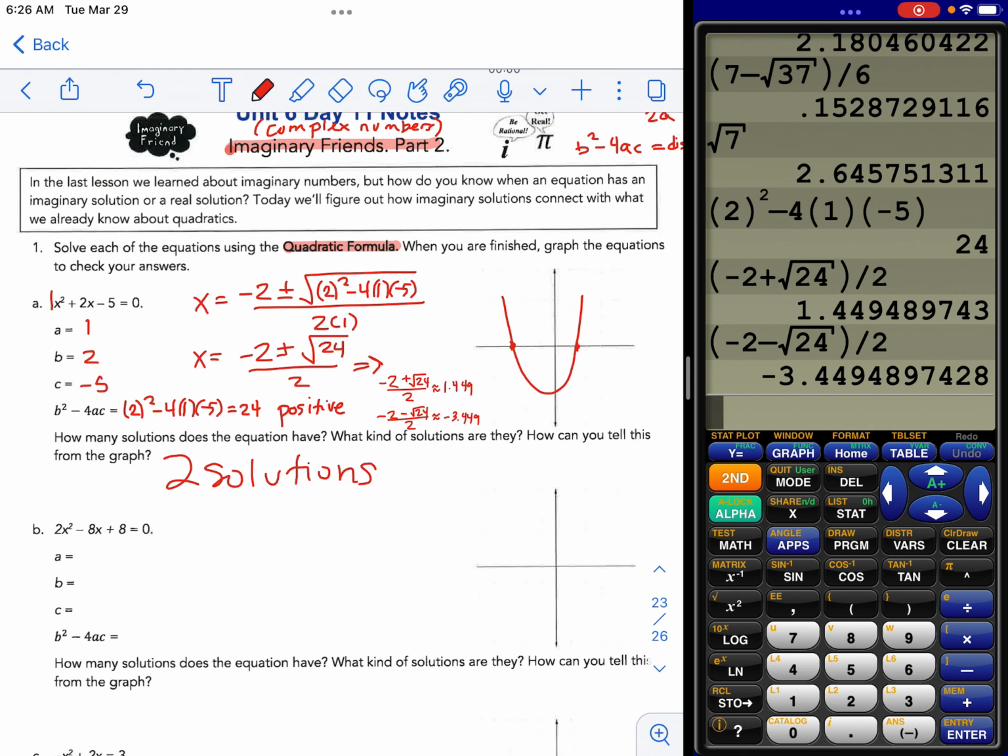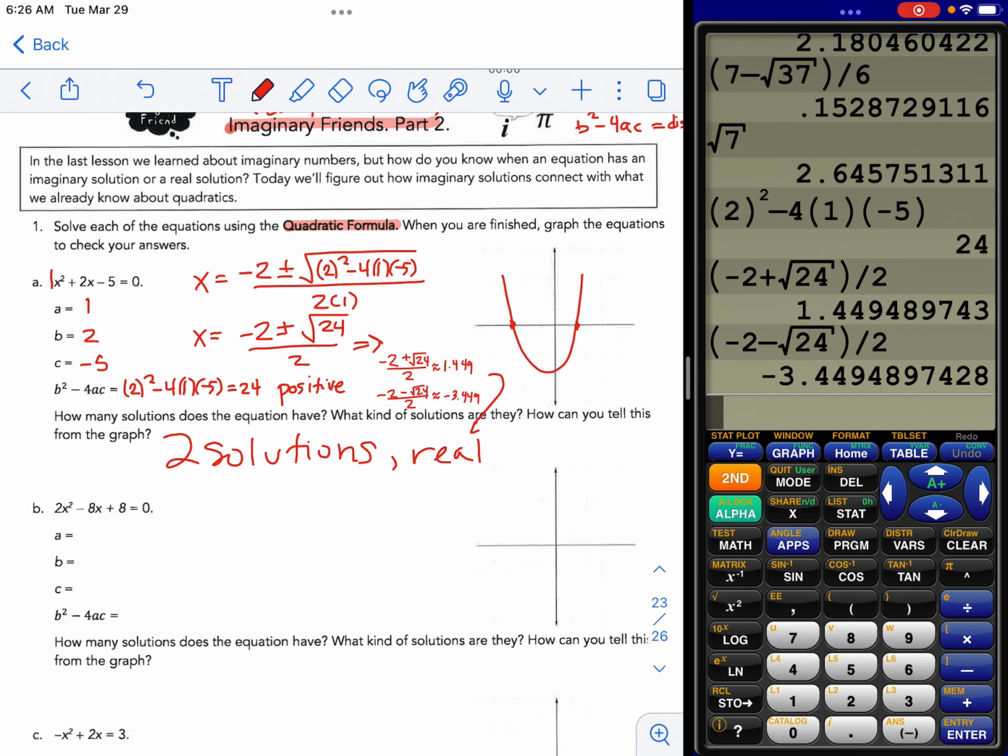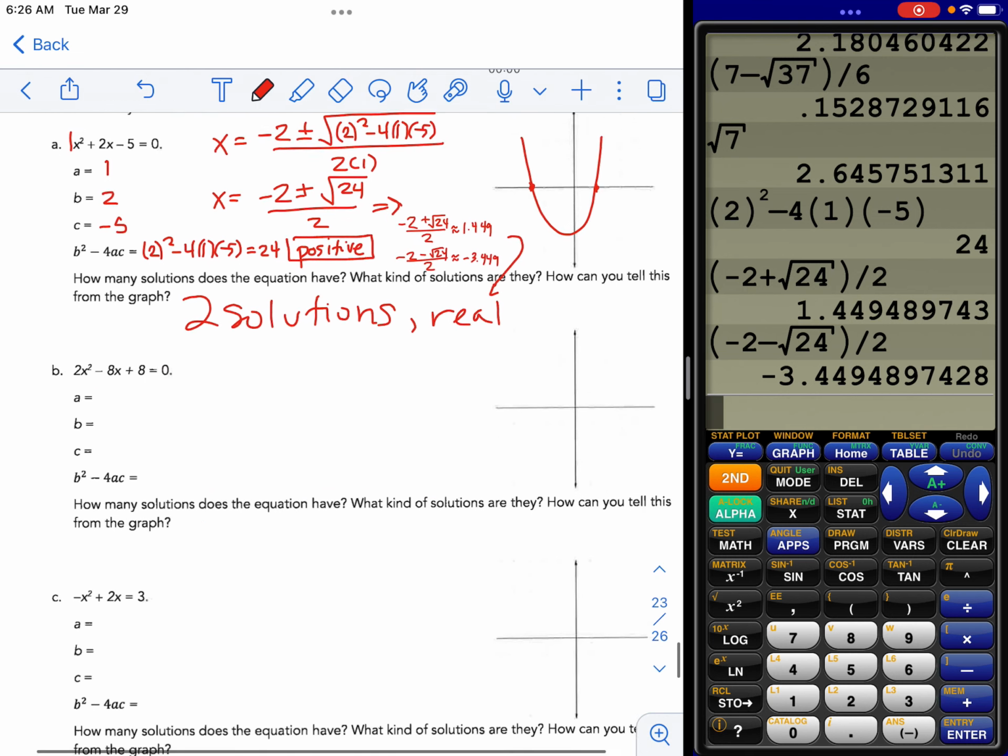The solutions are what we calculated above. They are real numbers, part of the real number system. You can tell because it intersects the x-axis in two spots, and it goes back to this discriminant being positive.